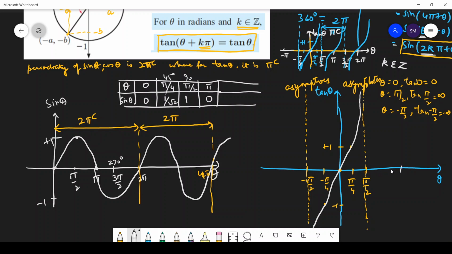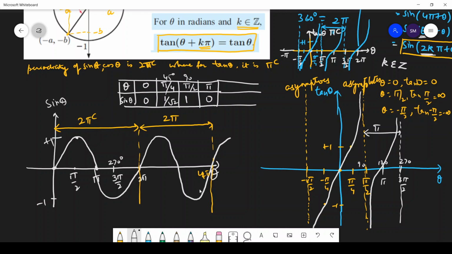Now again, I told you the periodicity of this is pi. This is pi by 2, and then we have pi. So this is 90 degrees, this is 180 degrees, this is 270 degrees, so pi by 2, 3 pi by 2. Again I need to draw an asymptote over here also, and I get the same graph. So the tan theta function repeats itself after an interval of pi radians.